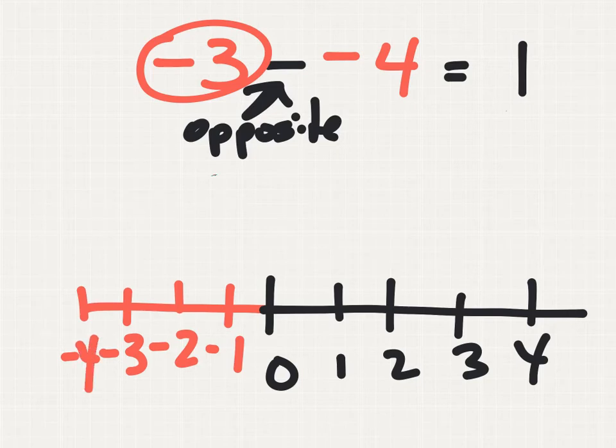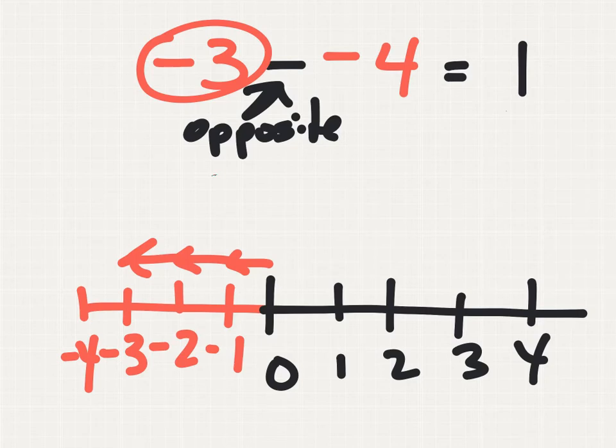Okay, I begin at 0, and I move to my first integer of negative 3, which is left 3 places. And then it says subtract negative 4. Now I know subtract is typically left and negative is typically left. I'm a little confused by left, subtract the negative.